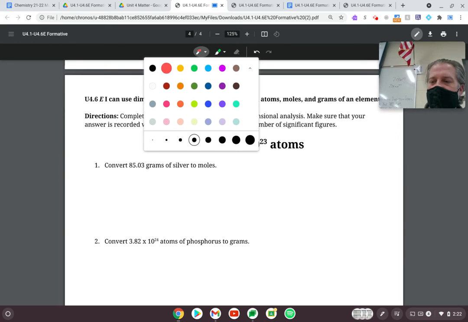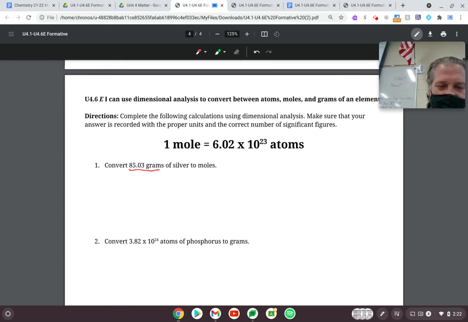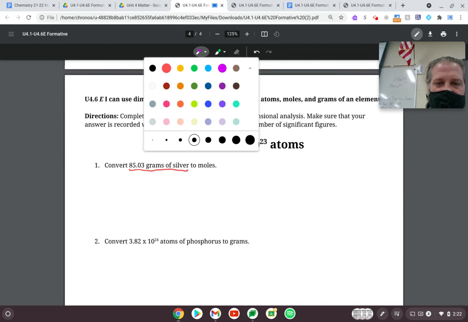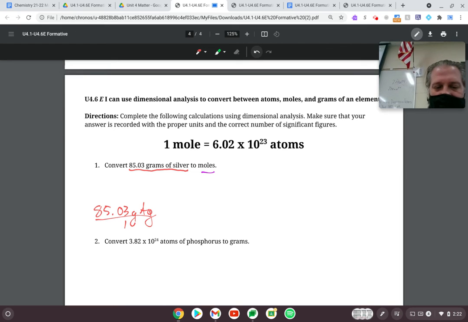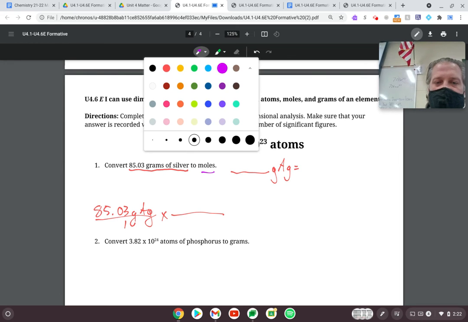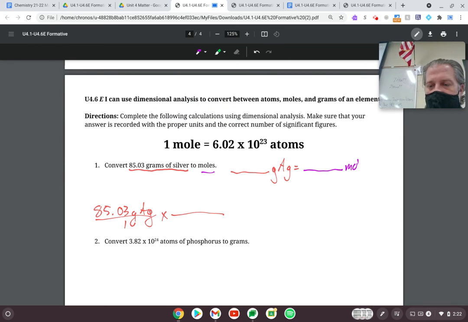Now, first one, we're starting with 85.03 grams of silver. We're converting it to moles of silver. So I'm going to take my 85.03 grams of silver, put it over 1. And since I'm going from mass to moles, it's going to be a one-step problem. So I need to know the relationship between grams of silver and moles of silver.